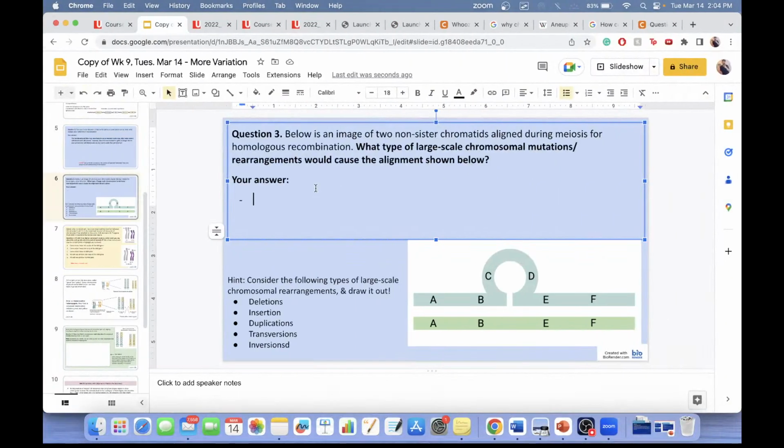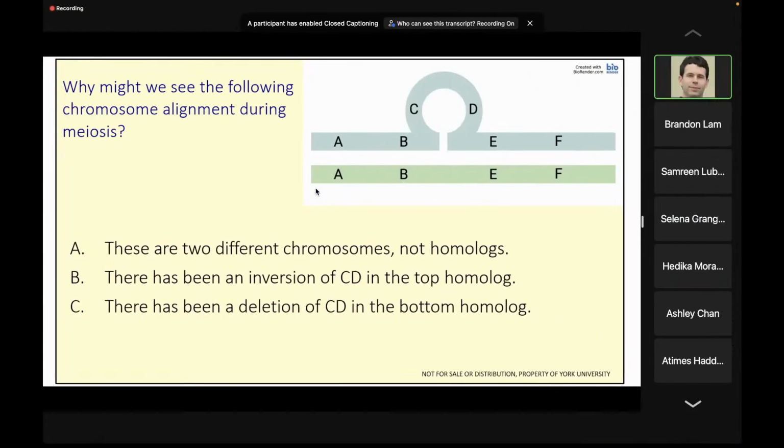Now, let's look at B. What is an inversion? Yes, Christian. Very good, very good. Yeah, an inversion is whenever the order of, like A, B, C, D, the order actually gets flipped, right?